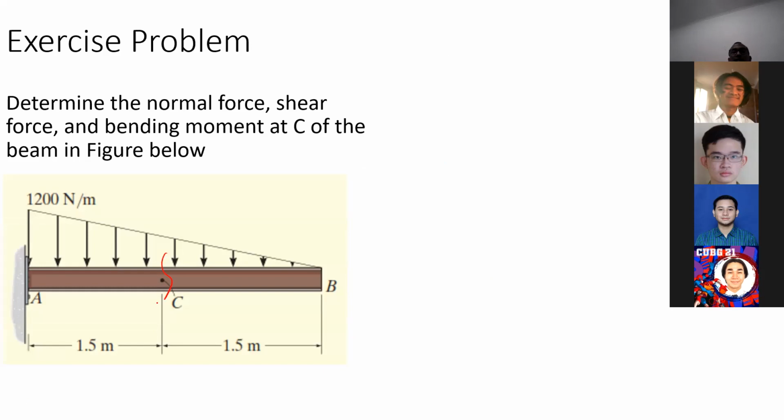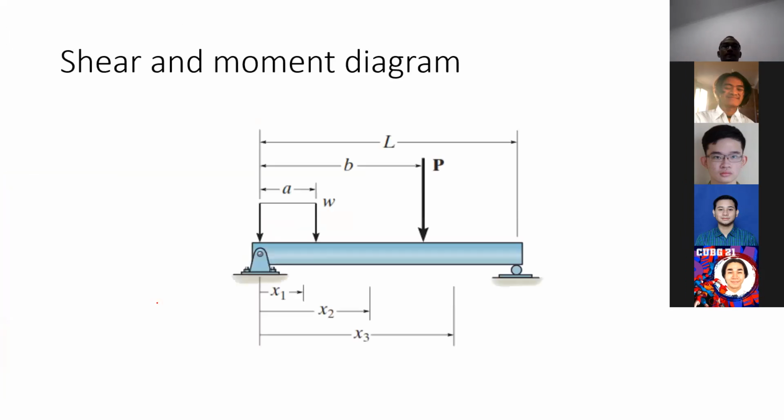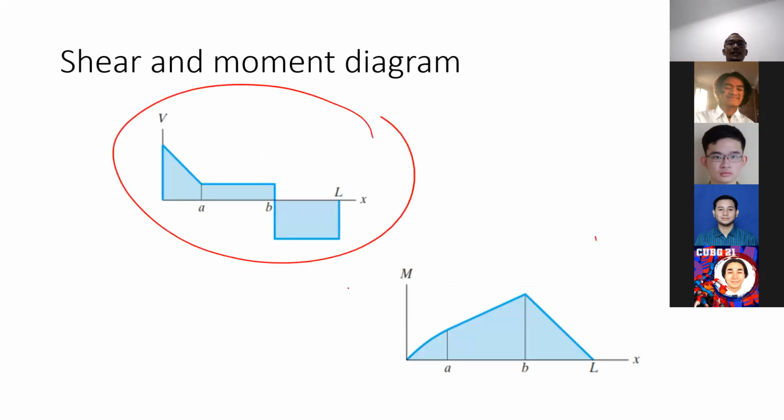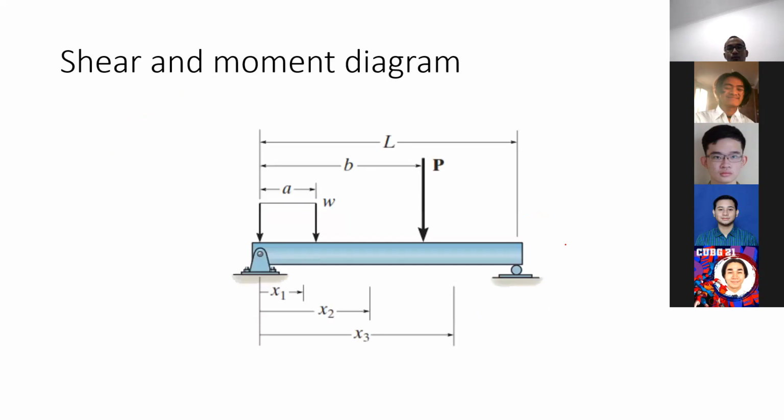Kemudian kalau kita ingin mencari tahu diagram gaya dalam dan diagram momen dalam, tujuannya buat apa? Diagram gaya dalam dan diagram momen dalam itu level selanjutnya. Tujuannya supaya kita tahu di semua titik pada struktur ini, nilai dari gaya dalam dan juga nilai dari momen dalamnya berapa.